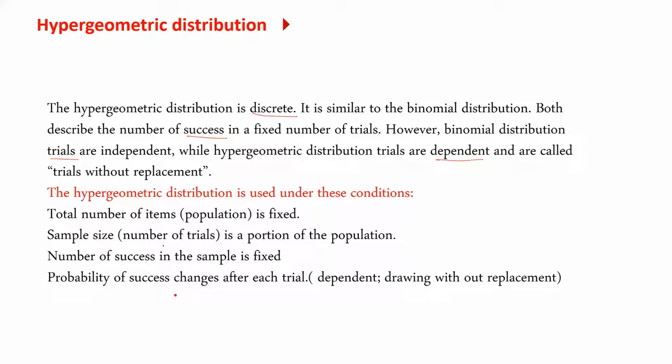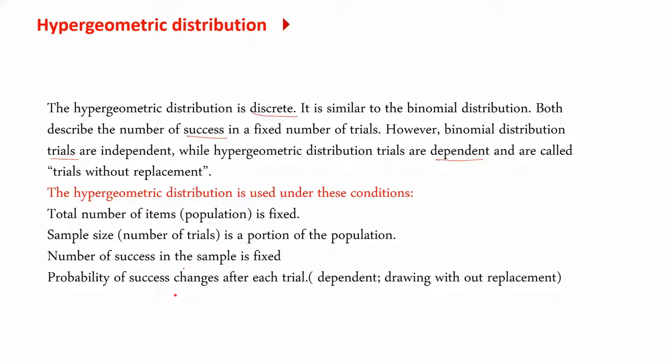Sample size, number of trials, is a portion of the population. This means the sample size should not exceed the population size. It should be less than or equal to the population size.